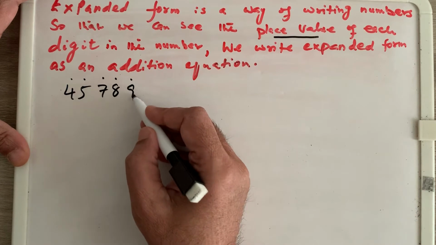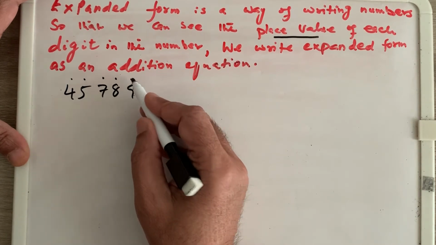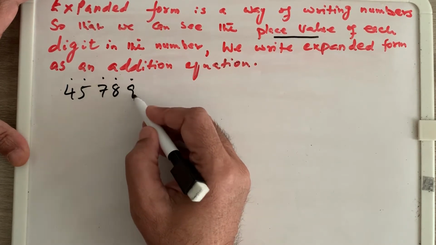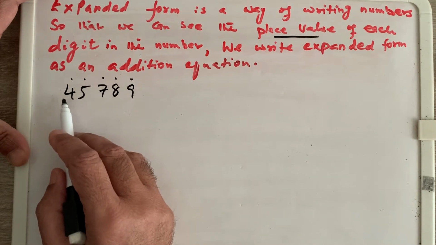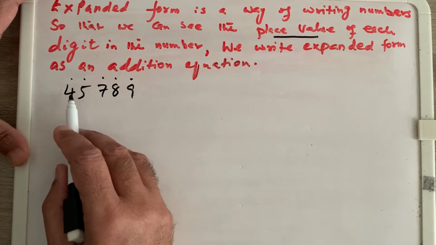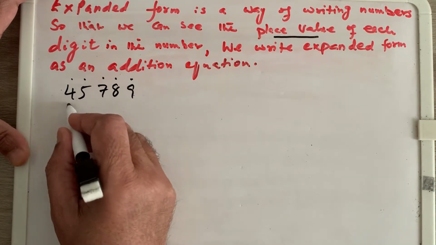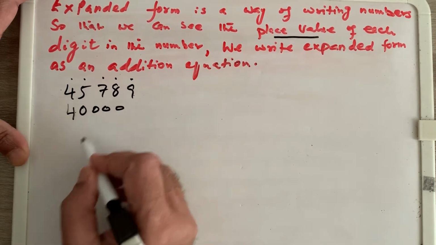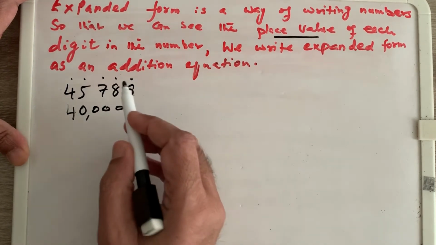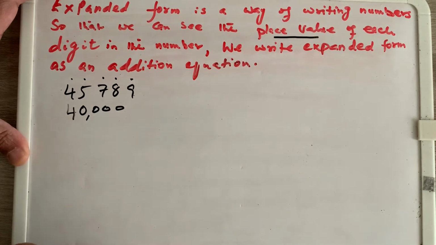Here 9 is a unit place, or one place, and the one place has a place value of 9. But this 4 is at the 10,000 place. If we want to find the place value of 4, my place value of 4 is 40,000, because it is at the 10,000 place.